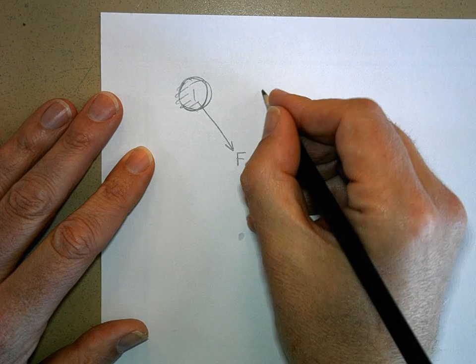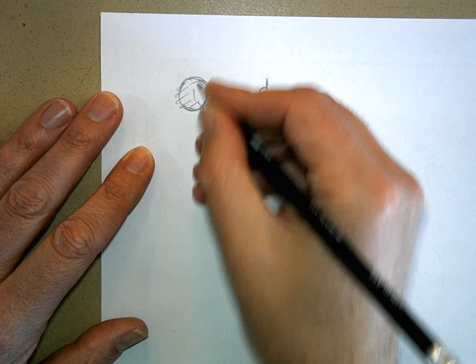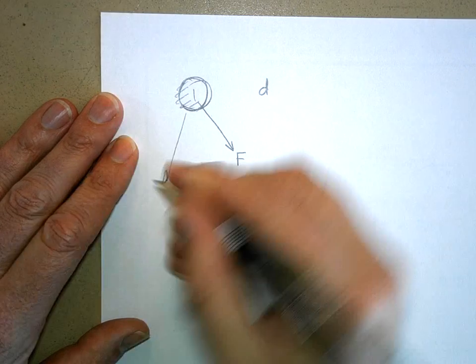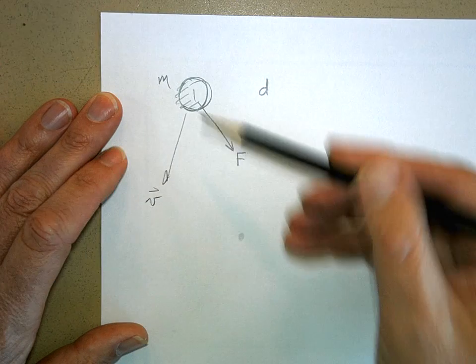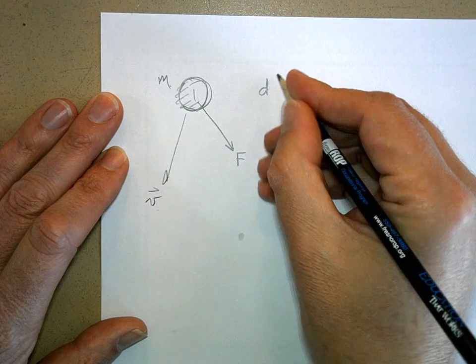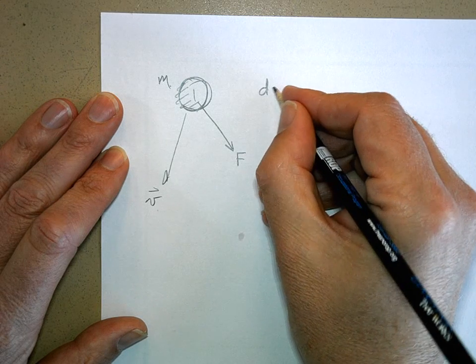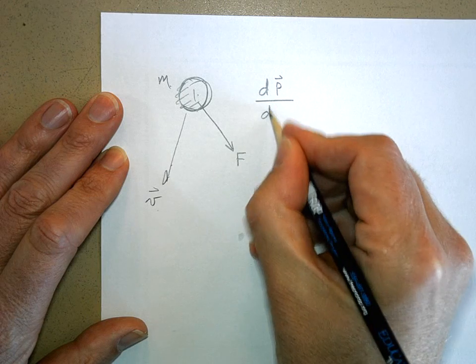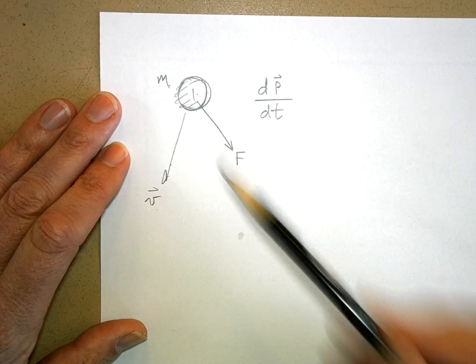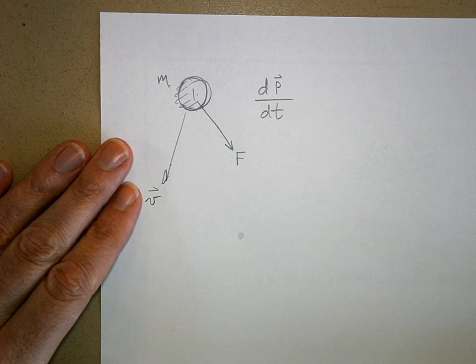Maybe here's its velocity vector and it has a certain mass. So mass times velocity, this has a certain momentum. Its momentum is going to change. Let's look at the rate at which that momentum changes.